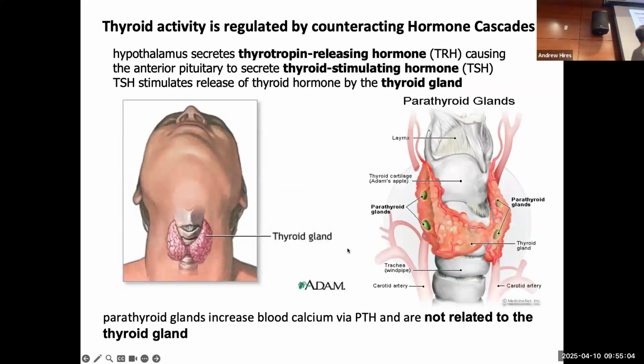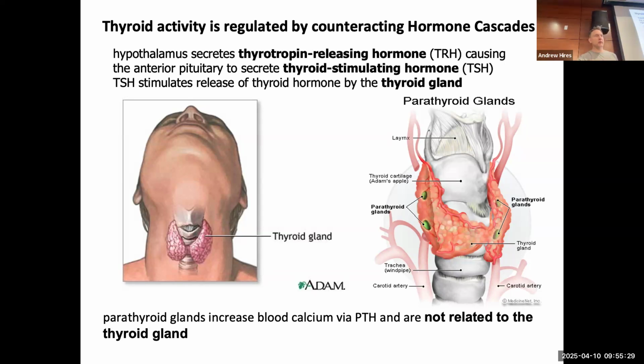Okay, so I'm going to mention a second structure here because anatomically it's right next to it. It's actually embedded within it, which is the parathyroid glands. The parathyroid glands are these four little nodes embedded within the thyroid. They don't have anything to do with thyroid production.